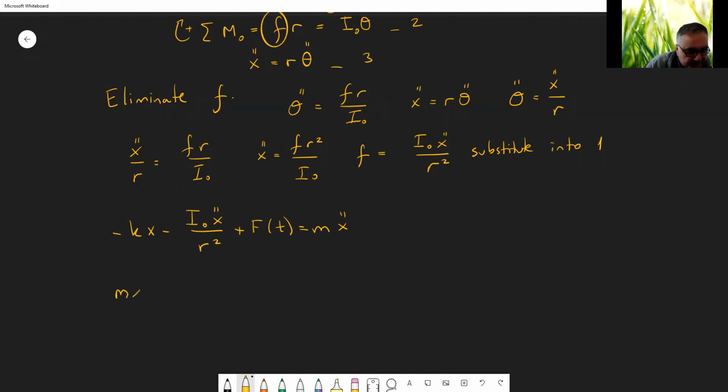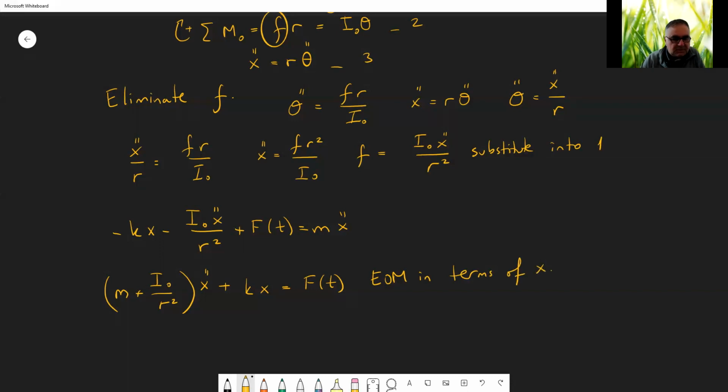We have... So this is the equation of motion in terms of the coordinate x.